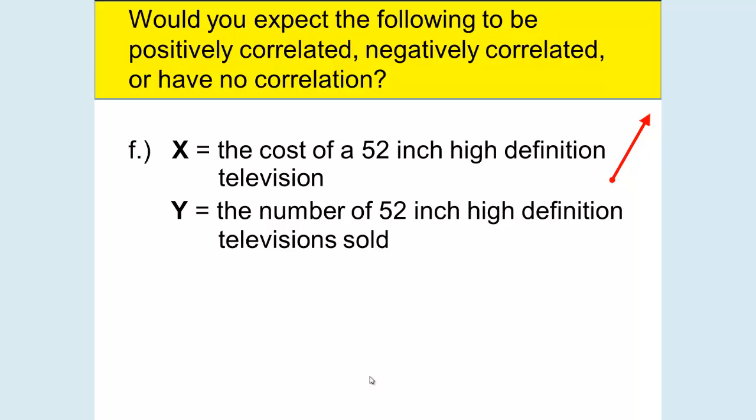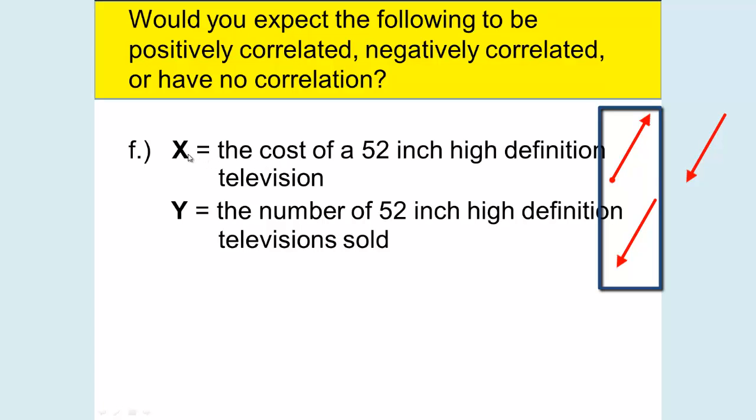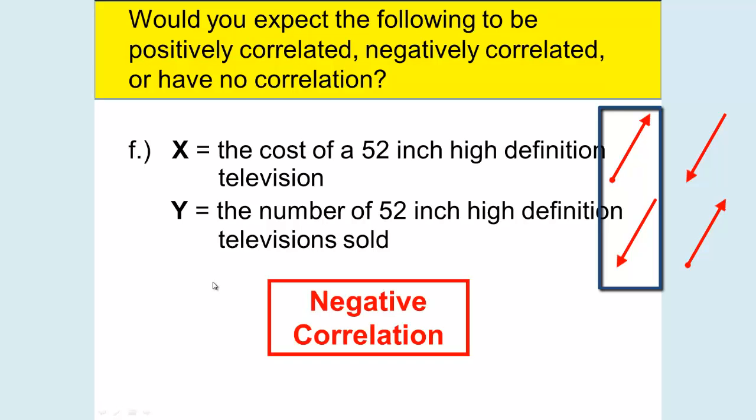So as X increases, Y should decrease. So they're doing opposite things. In this case, you may say this: if the cost goes down, if the X decreases, would Y increase? Yes, you'll sell more televisions if you put them on sale. So they're still doing opposite things. That gives us a negative correlation.